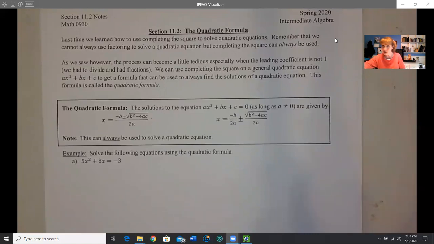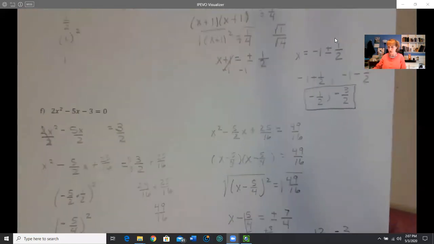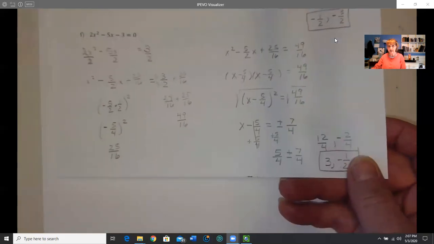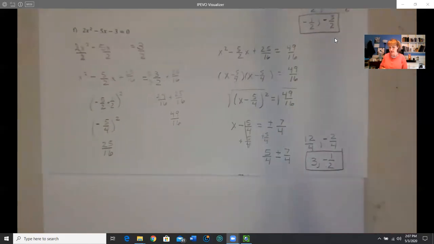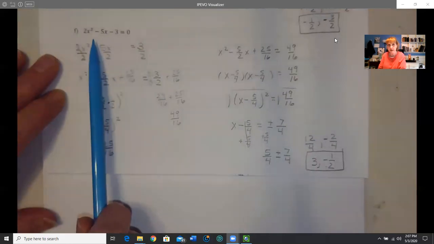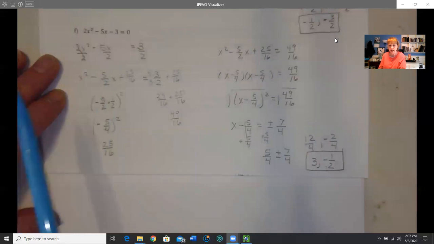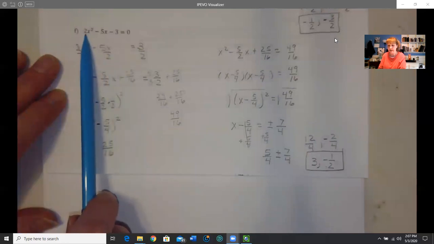Now the last section, 11.1, we looked at using our completing the square method, and completing the square can get a little tedious. Especially if you have this leading coefficient right here as other than a 1, you've got a 2.